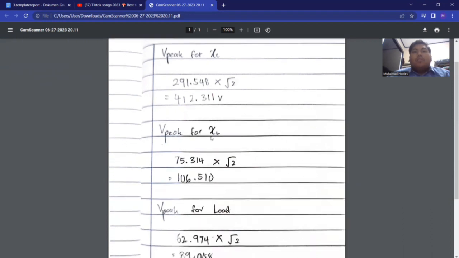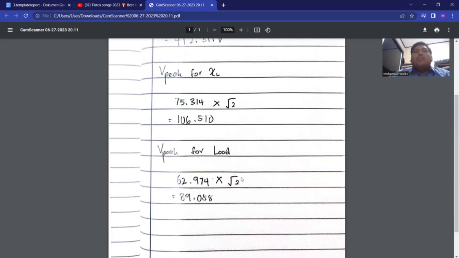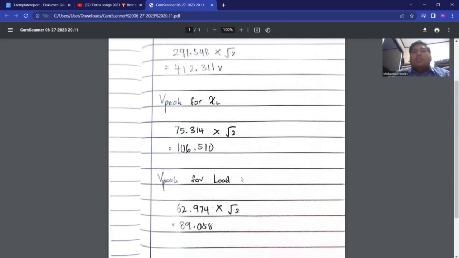For V peak for impedance inductor, we will get 106.510 voltage, and V peak for the load, we will get 89.058 voltage. So this is for manual calculation. Then I will show a simulation on how we get V peak using Multisim software.